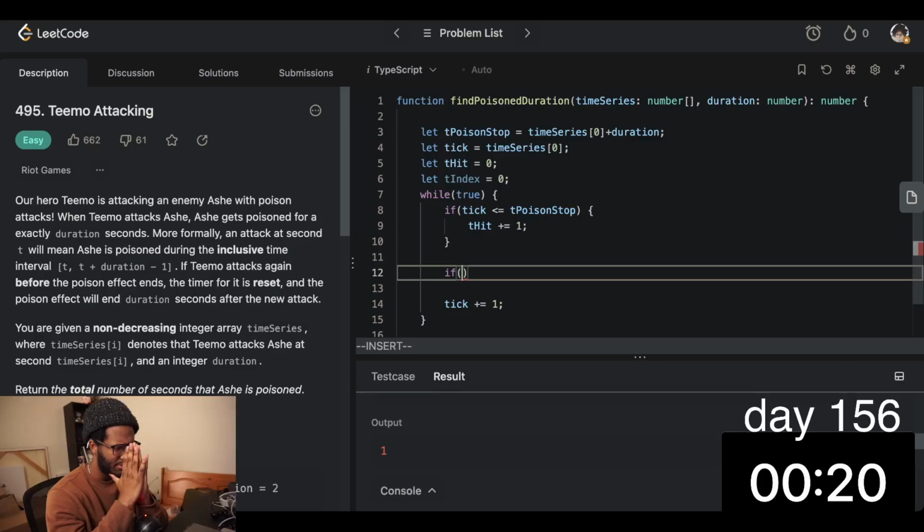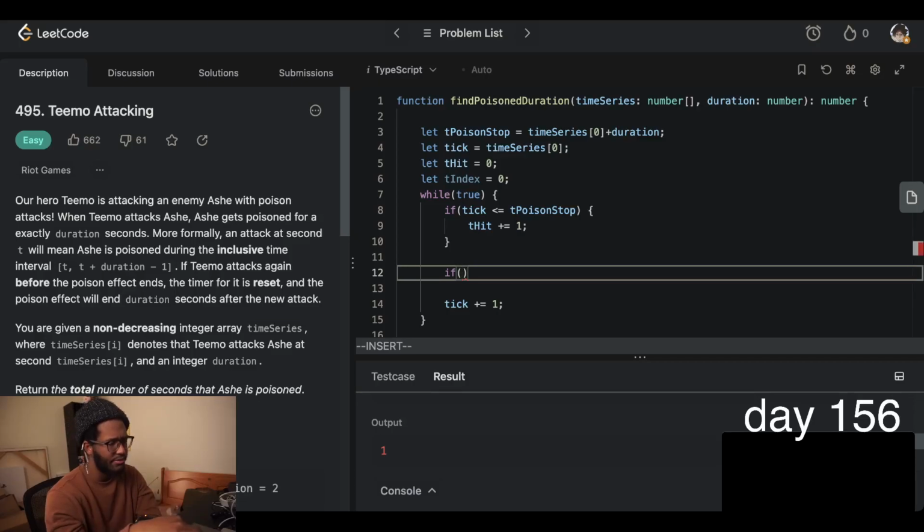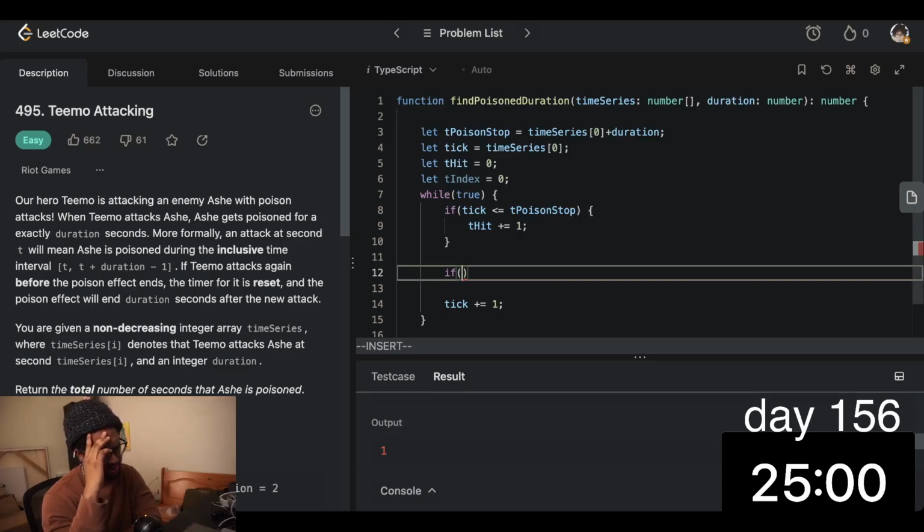It's less than or equal to... My brain feels so cloudy for some reason. Tick is less than or equal to T poison stop. We hit T hit plus 1. Less than or equal to poison stop. T hit plus equals 1.